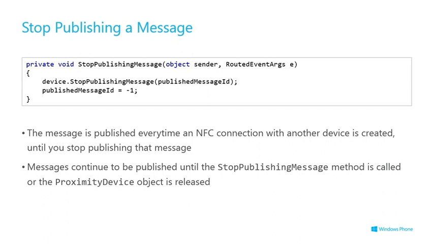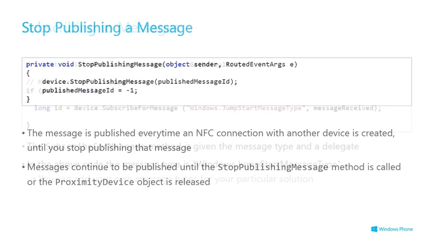Once you start publishing a message, it will be sent every time your device thereafter connects to another NFC device. So you keep on tapping devices together or different devices. It will continue publishing that same message until you call stop publishing message or you null out that proximity device reference you've got.